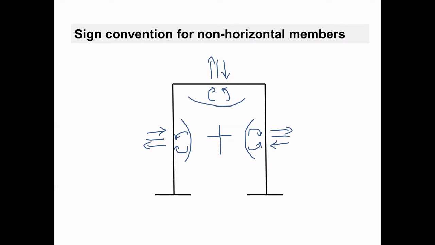All of them are forces or moments in pairs. They have equal magnitude but opposite sense. We have also defined their sign conventions for horizontal and non-horizontal members. If the plane of moment is the plane of cross section, it is twisting moment. If the plane of moment is perpendicular to the plane of cross section, it is bending moment.